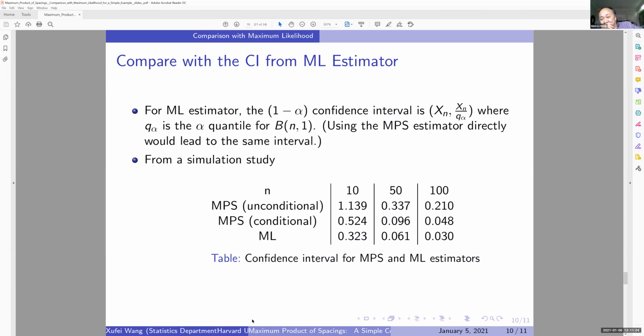The other thing I've been thinking about, slightly sidetracking, is whether maximum product spacing itself is a likelihood, but based on something like interval data. Because these partial likelihoods can be viewed as a likelihood of partial data, right?